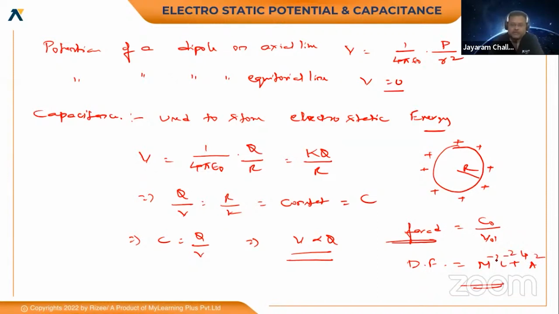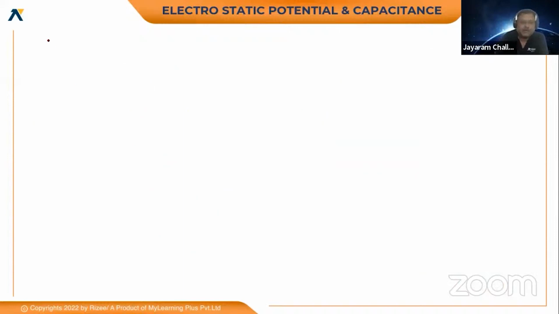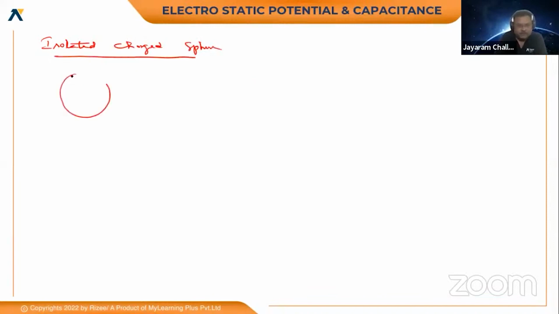Next, what is the capacitance of an isolated charged sphere? The potential of a sphere we already know: V is equal to 1 by 4 pi epsilon naught into charge q by radius r.